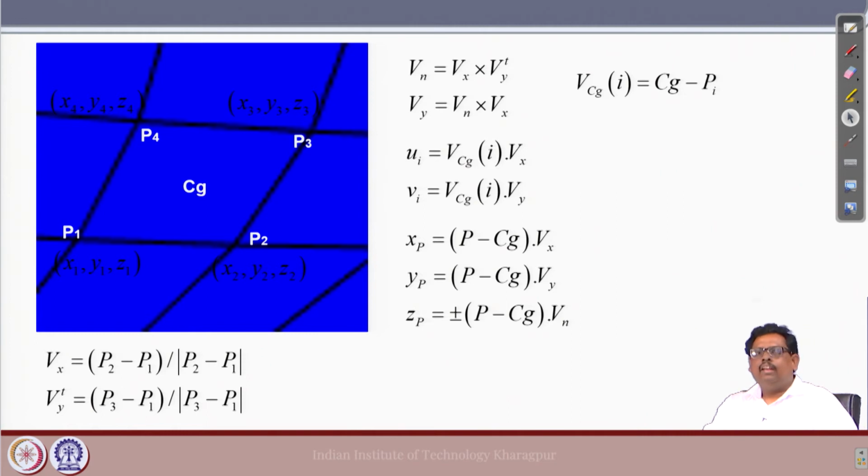Now, after applying all this, this point P1, P2, P3, P4 has an equivalent point on U1V1, U2V2, U3V3 and U4V4. Also remember, when you have a coordinate transformation, there is a possibility that the area might change.